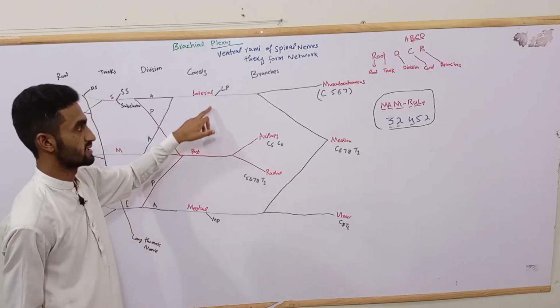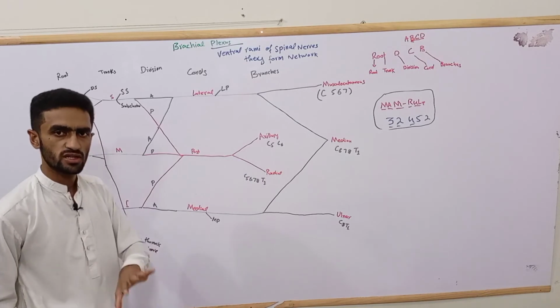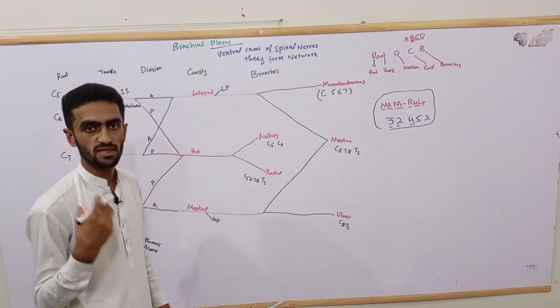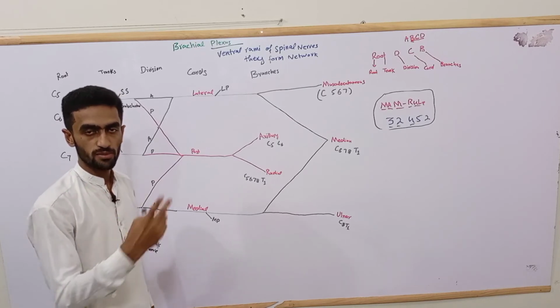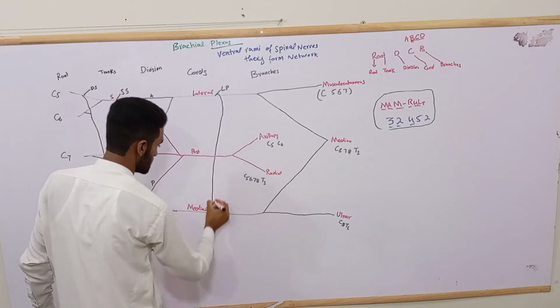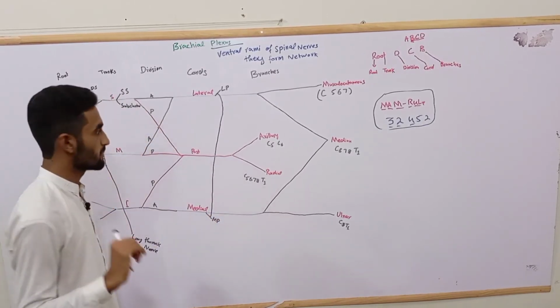So in common sense we can say our pectoralis major is supplied by two nerves coming from the cord.